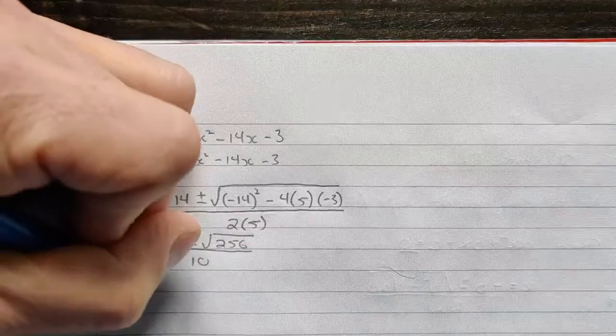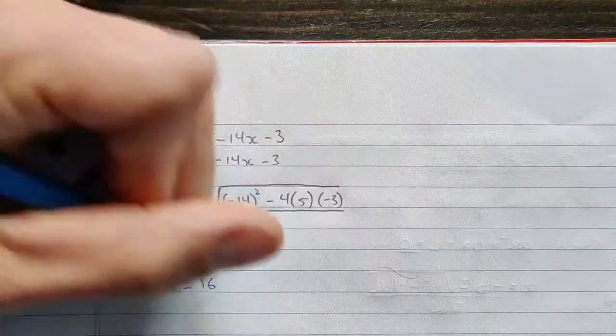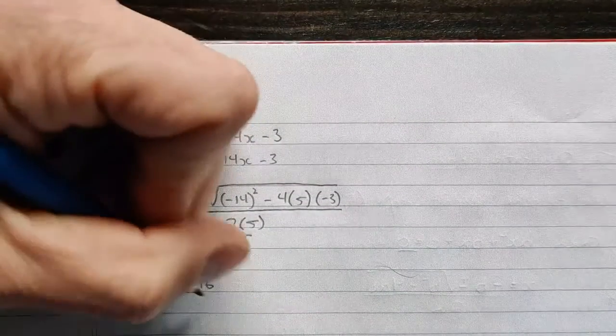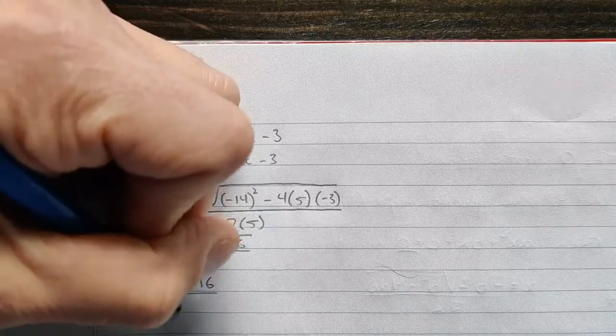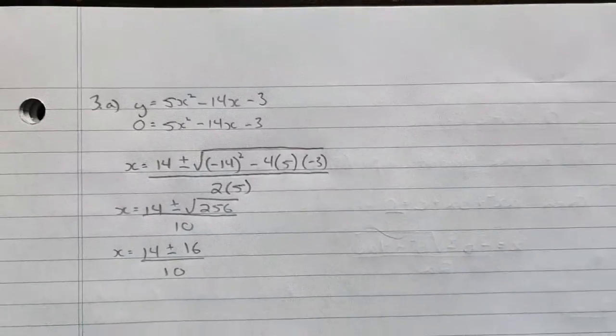And the square root of 256 works out to 16. So it's worth actually calculating. Divided by 10.